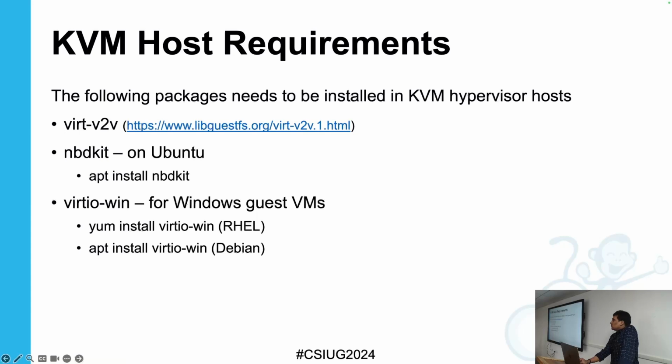The KVM host needs to have the virt-v2v binary installed, which is used for the conversion process from VMware to KVM. For Ubuntu instances, an additional nbdkit is required, and for Windows guest VMs, we need virtio-win. These packages need to be installed on the KVM host for the conversion part.